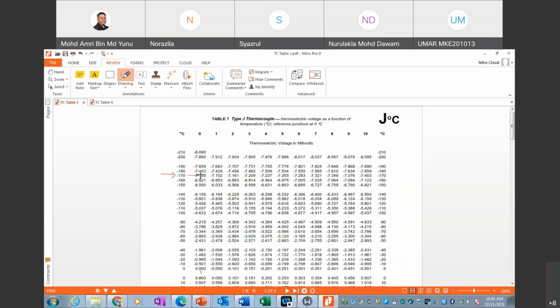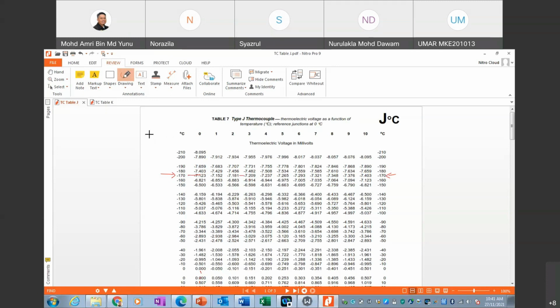So the output will be in between this row, this line, negative 100. So the example say negative 172.